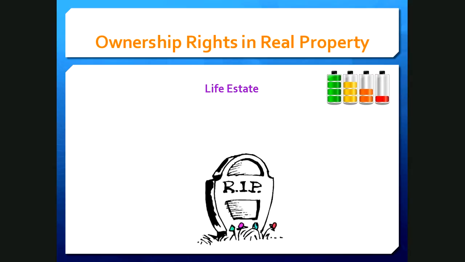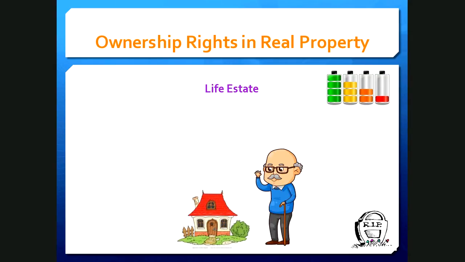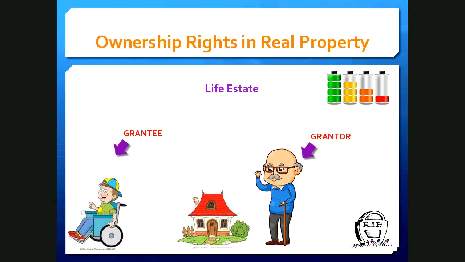All right, so our next estate is called a life estate. And this is the ownership interest in property that is designated by a period of time on the life of a person. So let's say we've got Grandpa Joe, and he's got a special needs grandson that he wants to take care of.